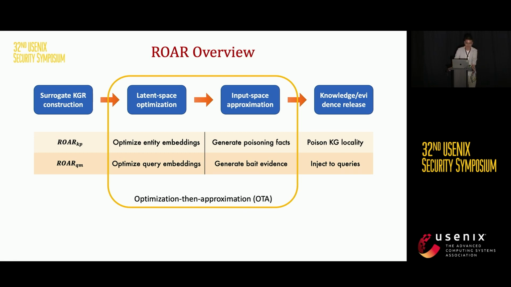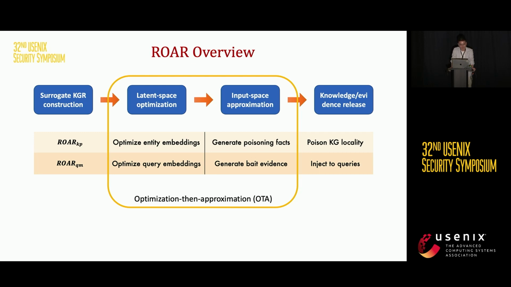The first one is surrogate KGR construction. Then based on the constructed KGR, we do latent space optimization to optimize embeddings. Then based on the optimized embedding, we use it as supervision to generate the input space attack. And then we release the input space attack to the input space, to the knowledge graph or to the query.